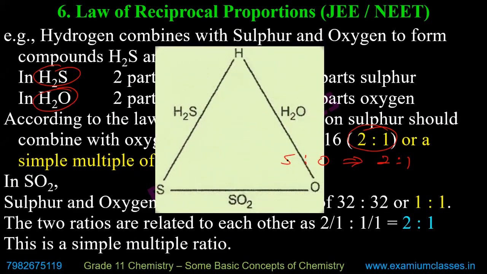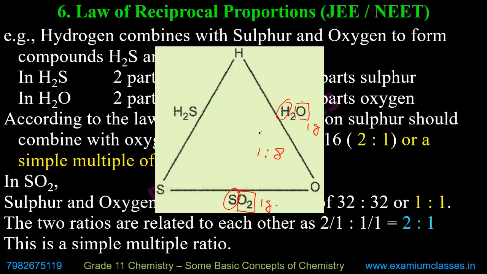In short, first I compared these two. In these two, I fixed the mass of oxygen, 1 gram, 1 gram, and I calculated the ratio of hydrogen and sulfur, which came out to be 1:8 in this case.